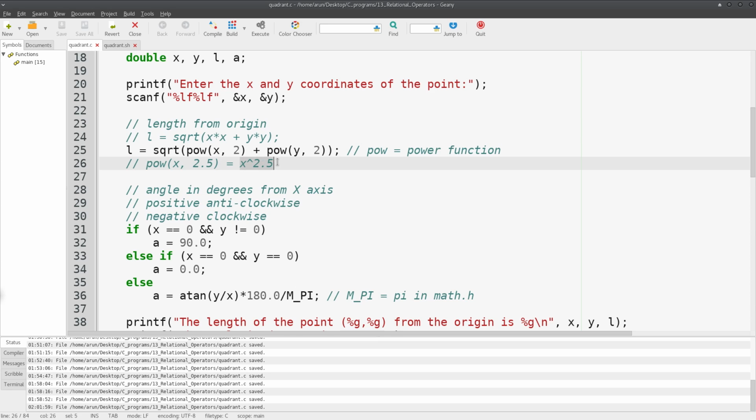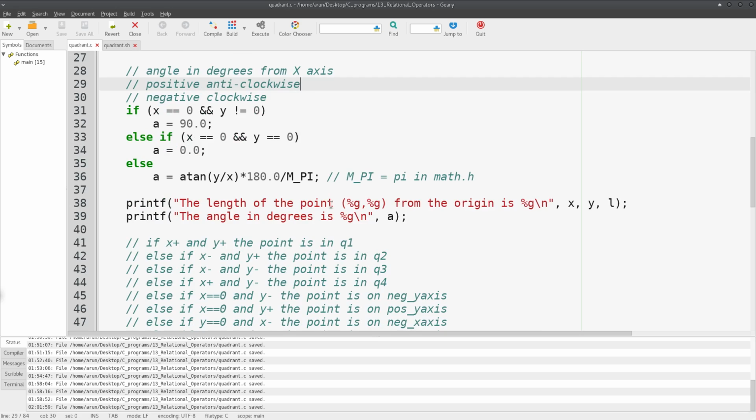That is equivalent to writing x power 2.5. You cannot write this in C with the caret symbol, because the caret symbol is actually used for bitwise operations, so that is not available for power. So we have to use this function. This is the power function.